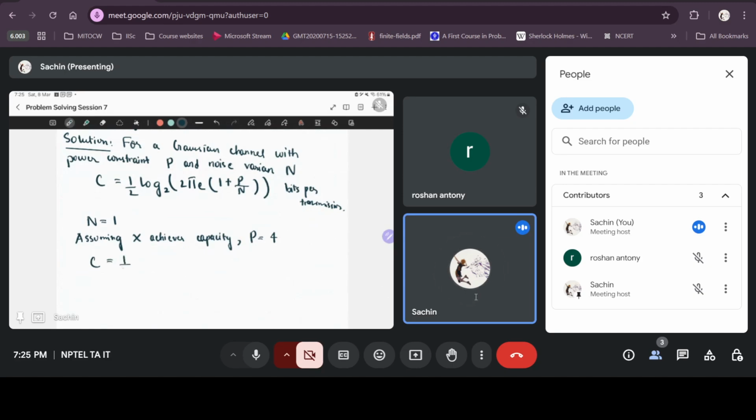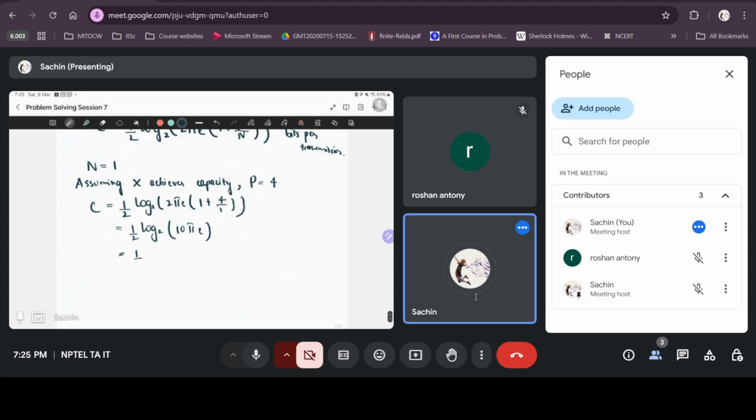So with this, the capacity is half log of 2 pi e into 1 plus 4 over 1, half log of 10 pi e, half log to the base 2 of 10 into 3.14 into 2.72. That should be good enough.